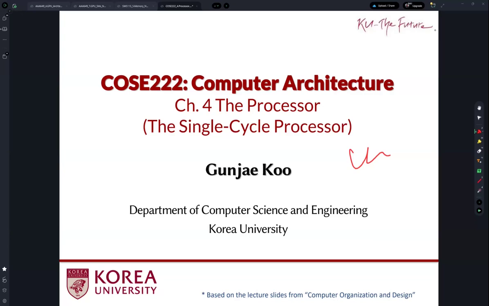The exam questions are similar to the homework questions.